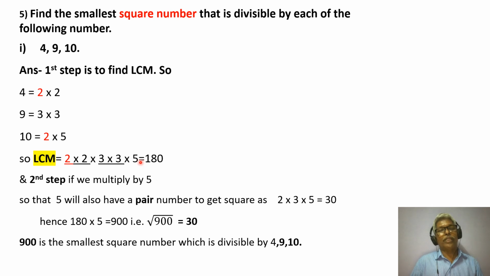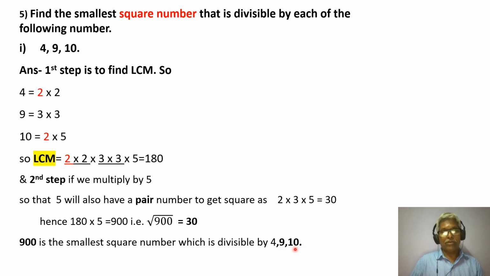Then you will get a perfect square. For these two we get 2, for these 3 we get 3, and for the other pair it will be 5, so it will be 30. So 180 into 5 is 900, and square root of 900 is 30. This is a perfect square, and 900 is that number. 900 is the smallest square number which is divisible by 4, 9 and 10.